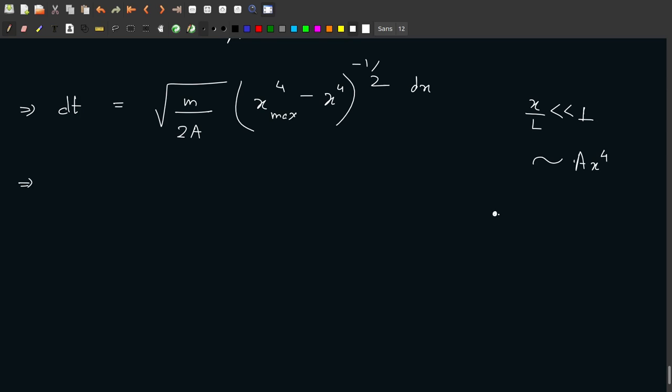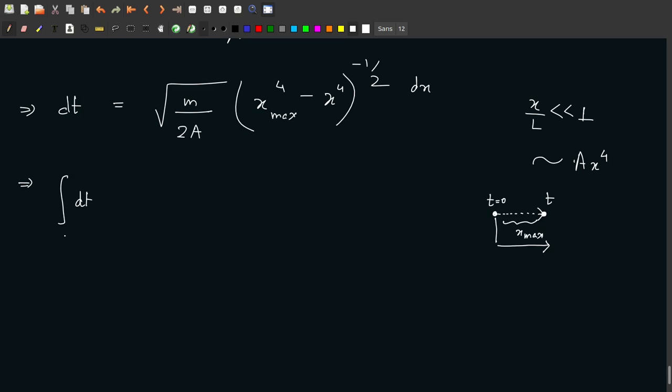So let this be the equilibrium position, and it extends till its maximum, which is x max, at which position all its energy is potential and there is no kinetic energy. At the equilibrium position, let this be the time 0, and let the time it takes to go from the equilibrium position to the maximum extension, the turning point, that is the amplitude, be t.